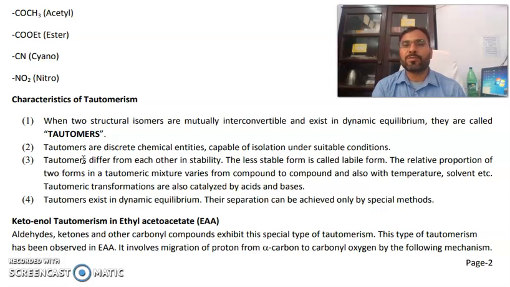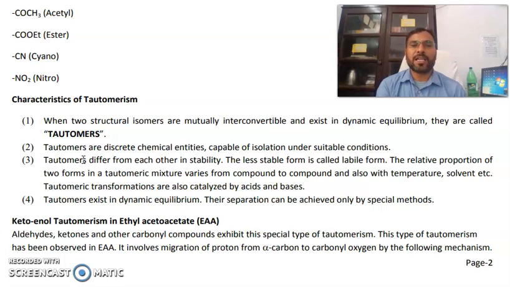The less stable form is called the labile form. The relative proportions of the two forms in a tautomeric mixture vary from compound to compound and also with temperature and solvent. Tautomeric transformations are also catalyzed by acids and bases. Tautomers exist in dynamic equilibrium.